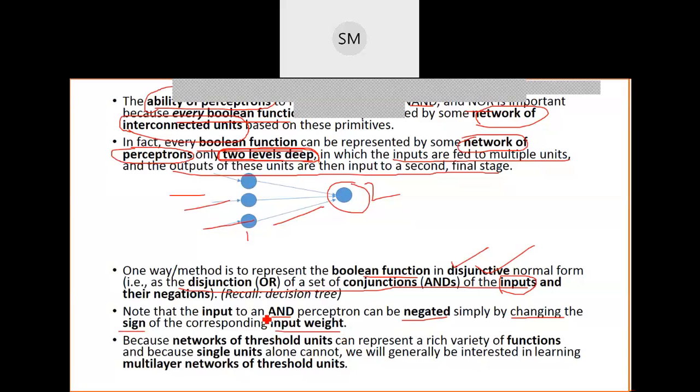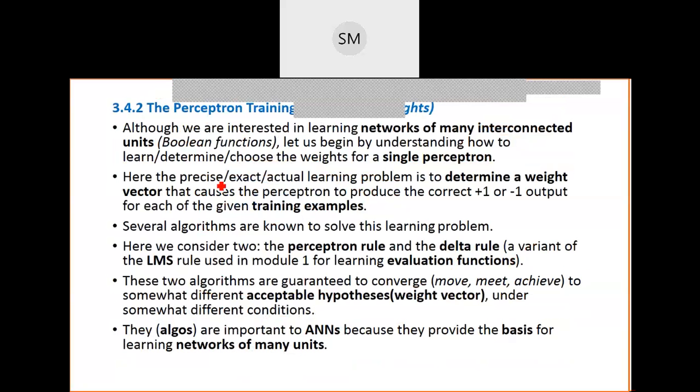Next topic is the perceptron training rule. This perceptron training rule is a very, very important topic for your exam, because just now I told you the main challenging task in this module is finding the weights.